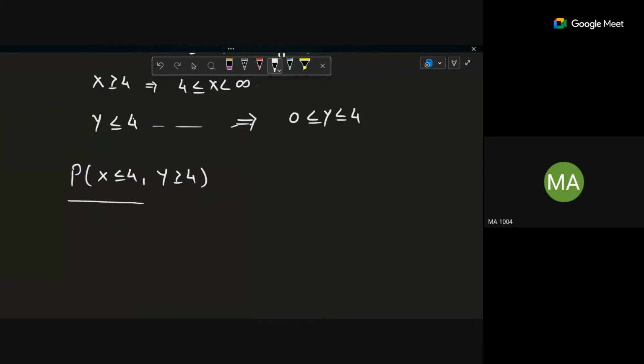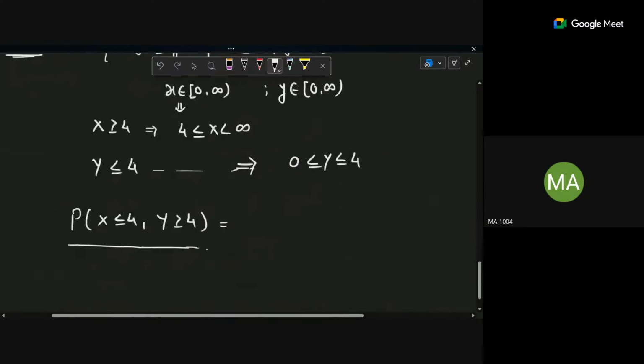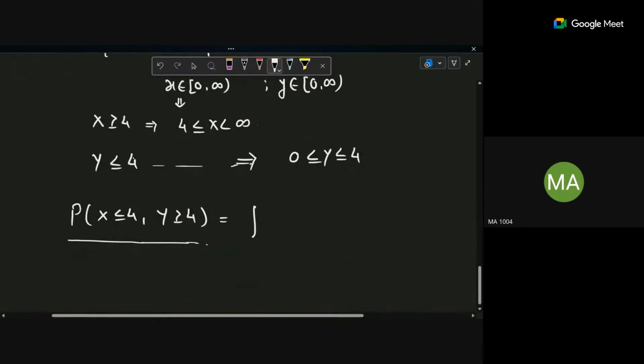Are you guys calculating it? Just let me know what the answer is. Same answer, ma'am. Yeah, it gives the same answer, because of your e to the power minus x. See, I can write it like this. Your y limits are 4 to infinity, right?